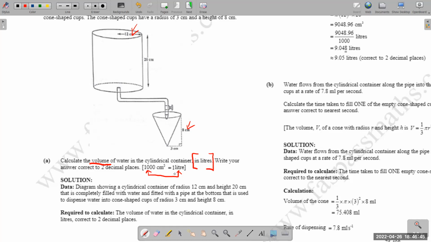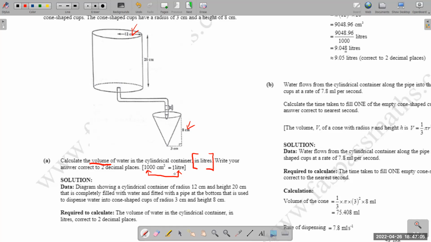So the first question says, show. You know, anytime they tell you show, it means that they gave you the answers already. You just got to do the workings to prove that that's what you're going to get when you calculate it. Everybody understand the difference? So they want you to show the working out.